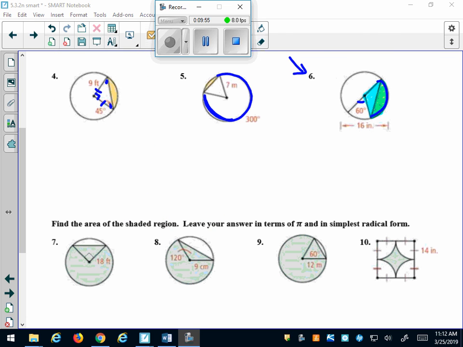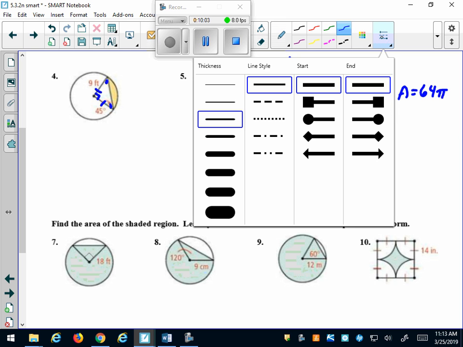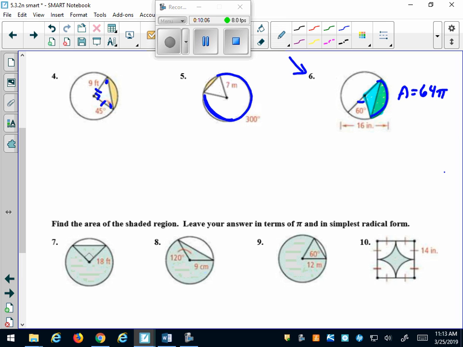Yeah, so the whole area is 64 pi. Now, to get the area of the sector, this whole shaded part, the blue shaded, we need the area of the circle and the fractional part of it. Well, if this piece is 60, how many degrees is this one?